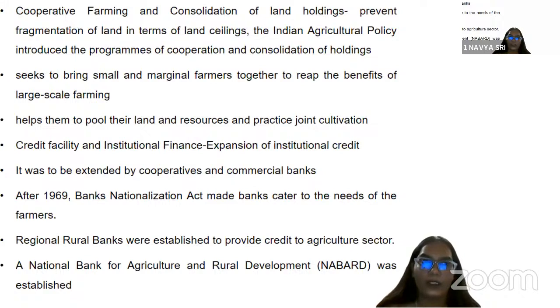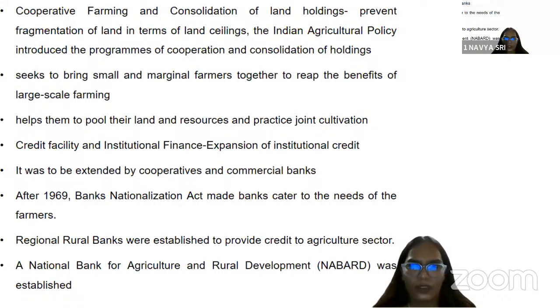So the credit facility or loan waiver, you all know that loan waiving has been a greater burden on the government. This has been cyclical, and these loans or credit extension facilities have led to the death of many farmers.